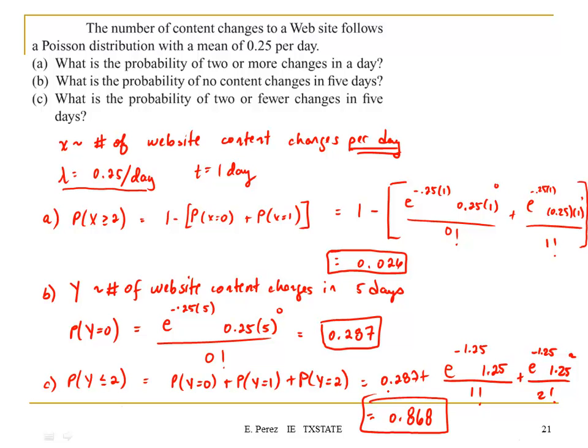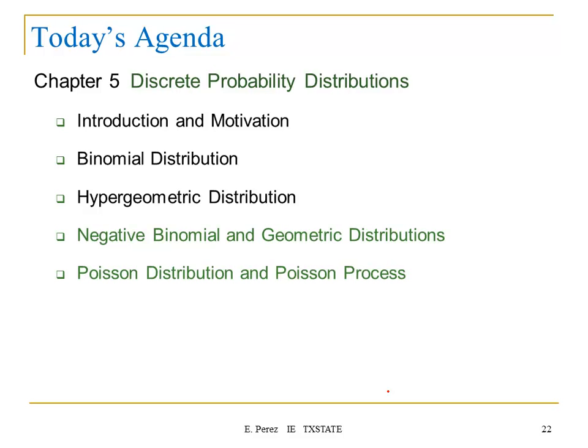Any questions? Okay, so this concludes the material on discrete probability distributions. We covered 5 distributions: the binomial, the hypergeometric, the negative binomial, the geometric, and the Poisson. Go back, review them. Again, I'm going to be available in my office.